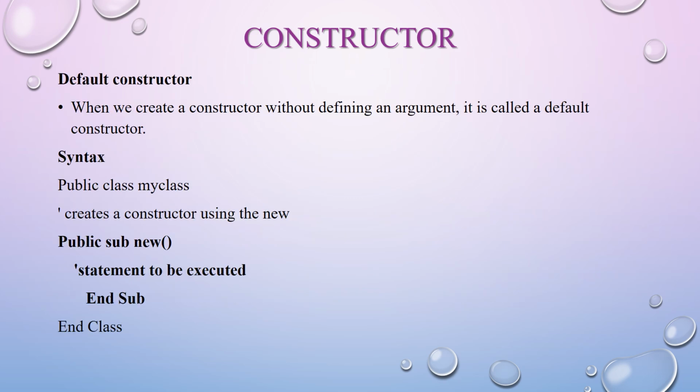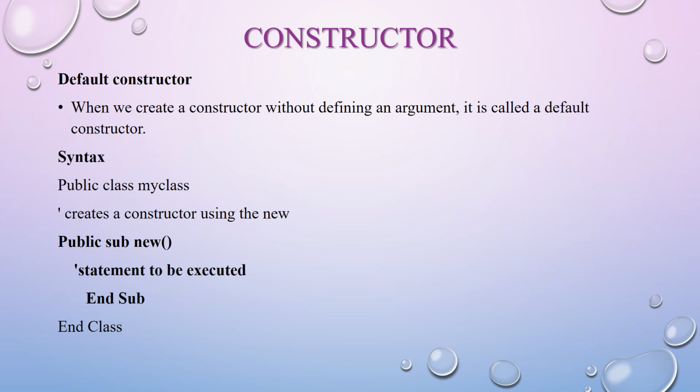In VB.NET, a constructor is a special method that runs automatically whenever we create an object of a class. If we define a constructor without any parameter, it is called a default constructor. Here, in the example, we have a class called myClass. Inside it, we are using the keyword New to define the constructor.